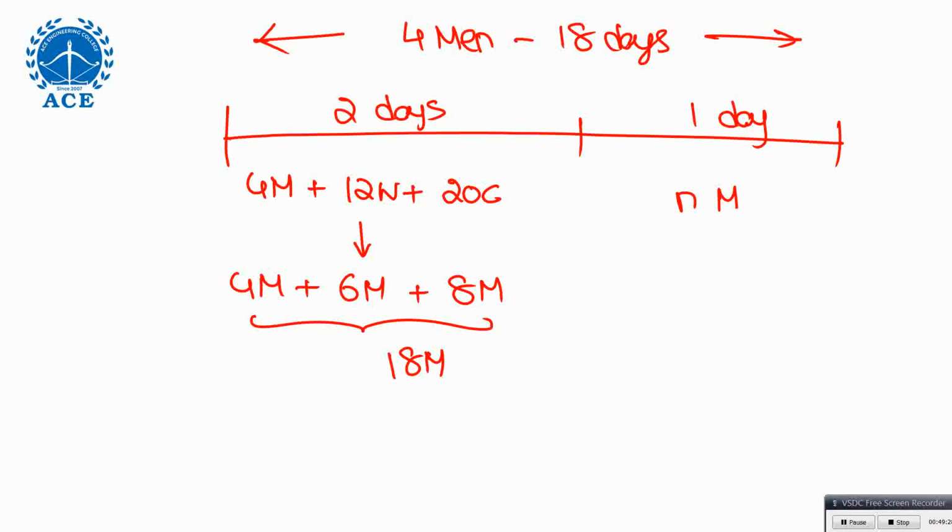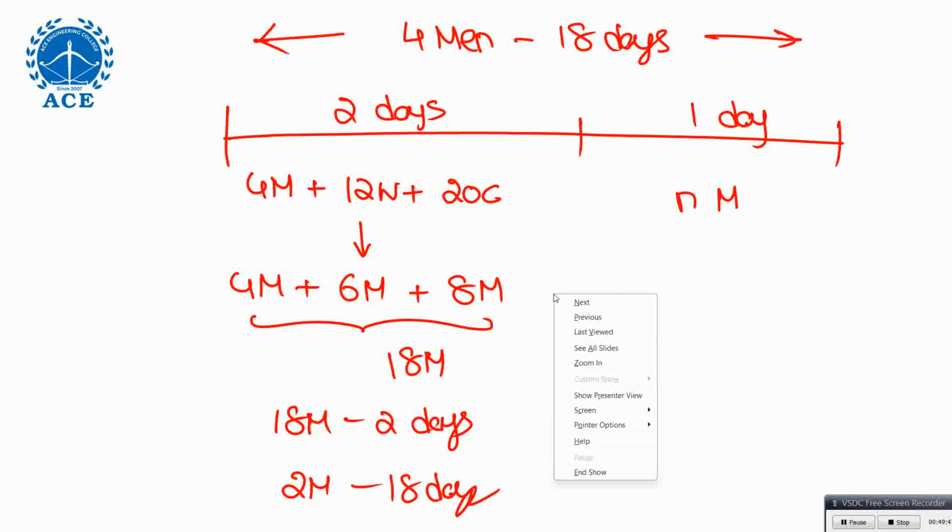Listen, this can be put this way. 18 men worked for 2 days. I can write this as 2 men worked for 18 days. Then what's the remaining work left over? Total work is 4 men working for 18 days. But how many worked now? 2 men worked for 18 days.